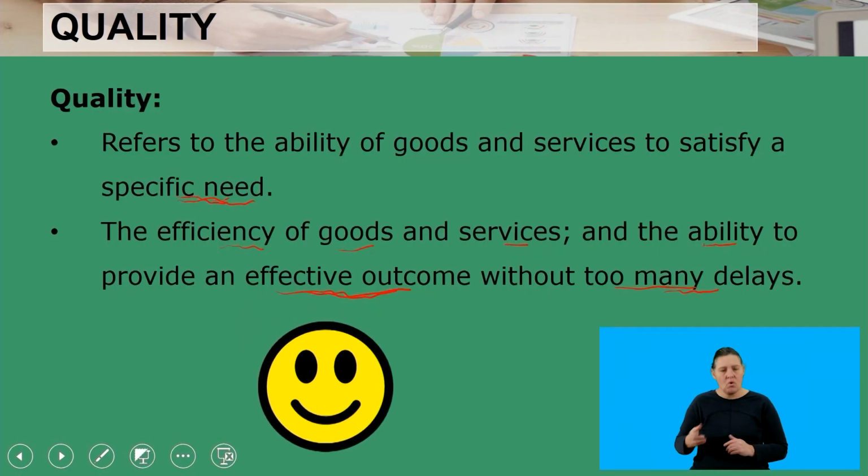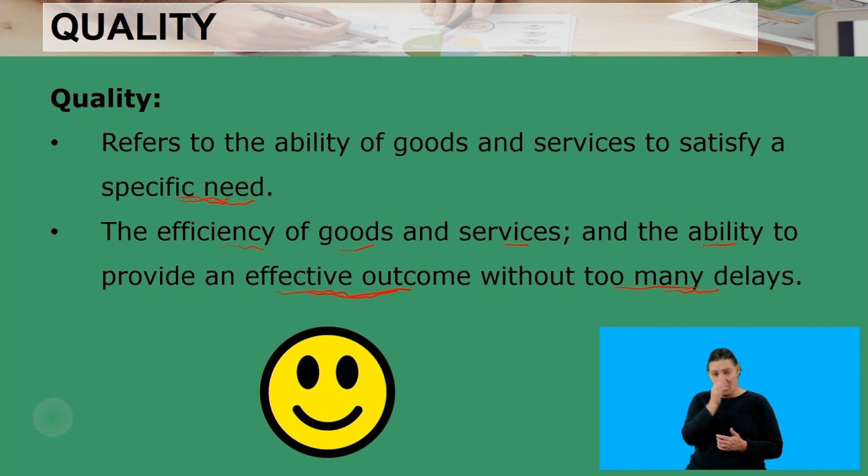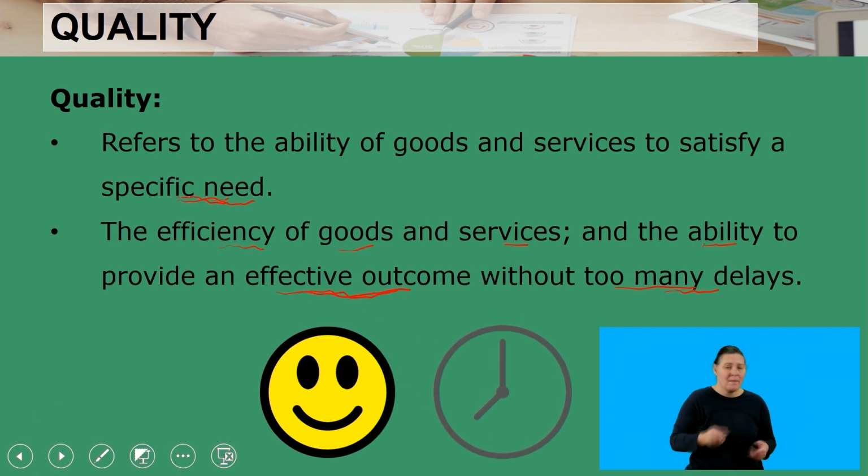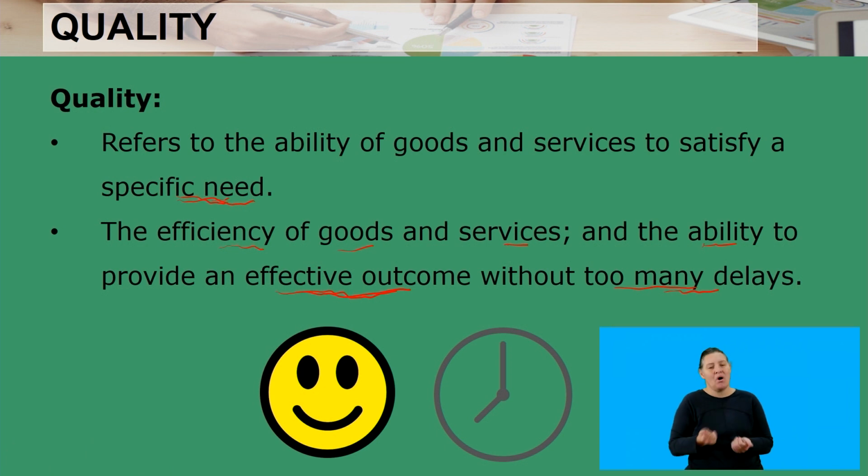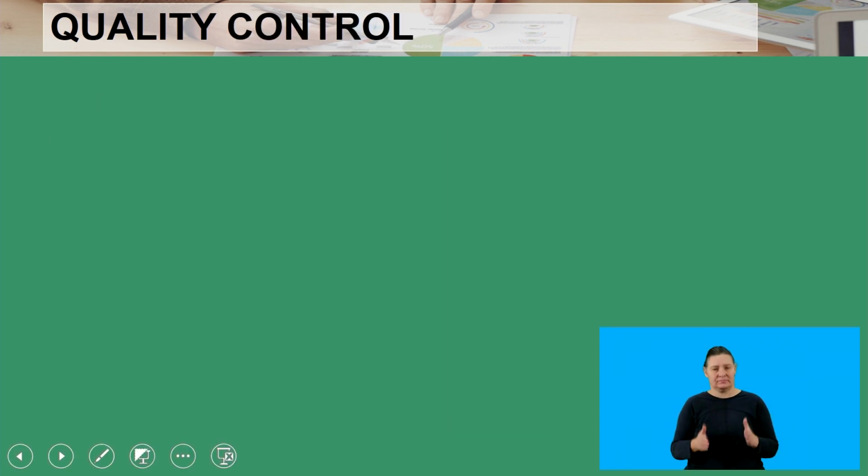It doesn't matter how much it costs, but it should be able to satisfy the specific need in order for the customer to be happy. But remember, when we are talking about a service, then we should make sure that it is offering effective outcomes without too many delays.